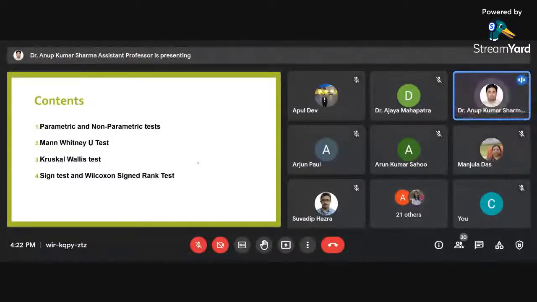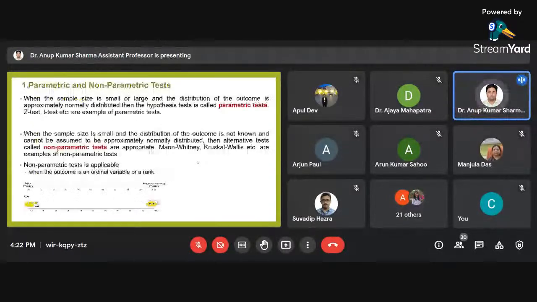So first we learn about parametric and non-parametric. I already said a little about parametrics. In parametrics, whether the sample size is small or large, the distribution of outcomes is generally approximated as normally distributed.